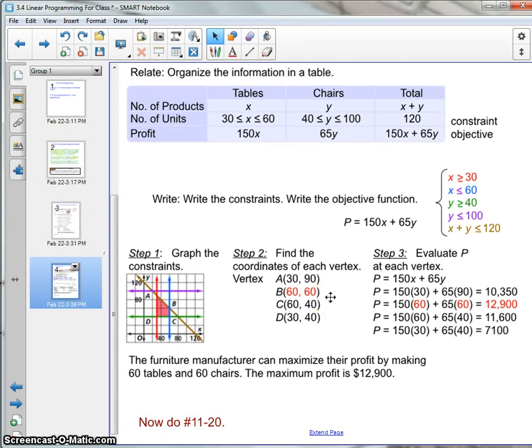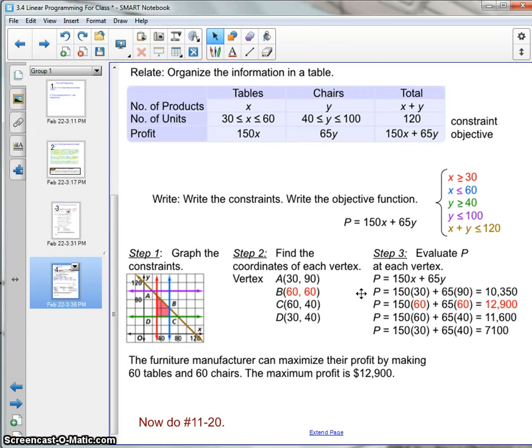Then step 3, same as before in example 1, we want to evaluate P, which is our profit. Okay, we want to figure out what our maximum profit will be. And in order to do that, we need to evaluate at each vertex. So we wrote down our original equation again, 150x plus 65y, and we're going to plug in each value for x and y for each vertex and figure out which value they give us. And then we want to look for our maximum and our minimum.